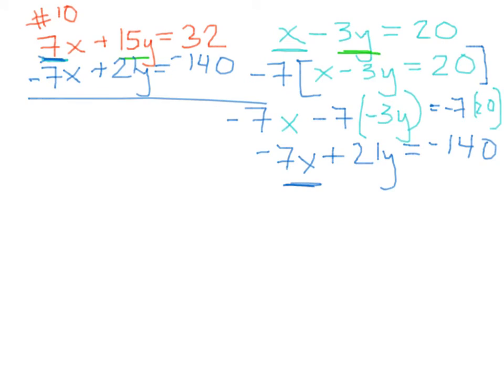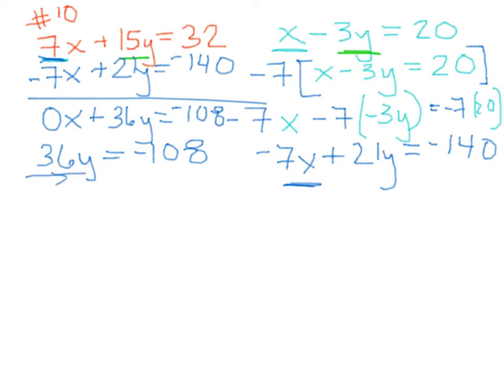So 7x plus negative 7x gives me 0x. 15y plus 21y gives me 36y is equal to, and negative 140 plus 32 gives me negative 108. 36y is equal to negative 108. I divide by 36, I divide by 36, and I get y is equal to negative 3.